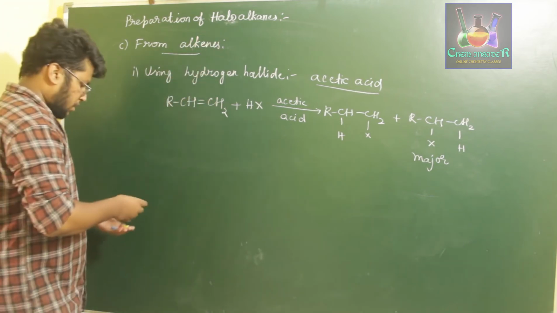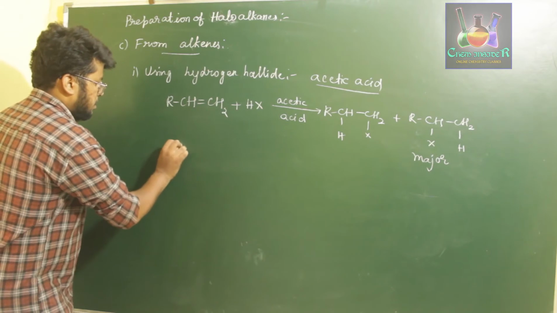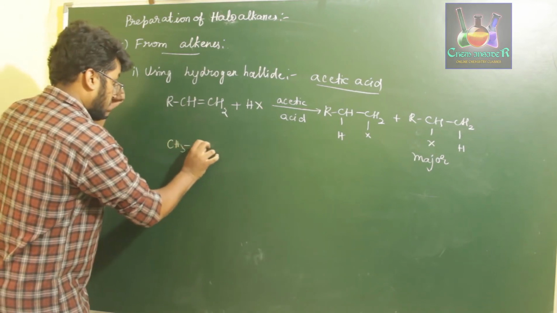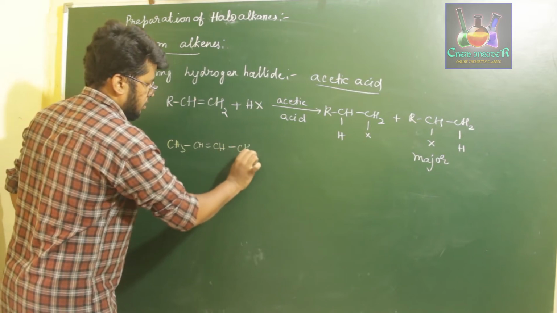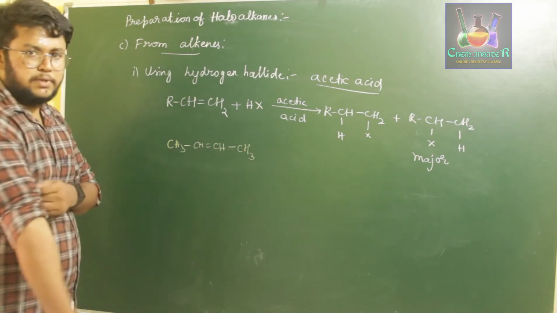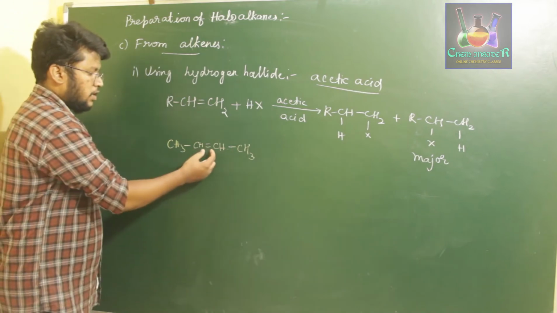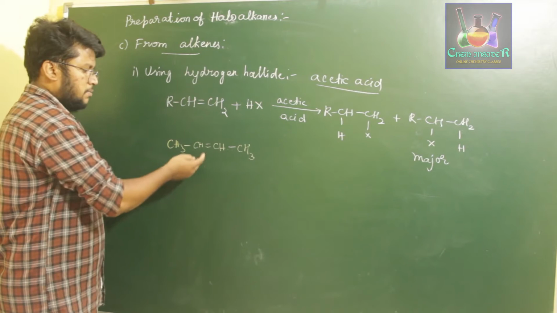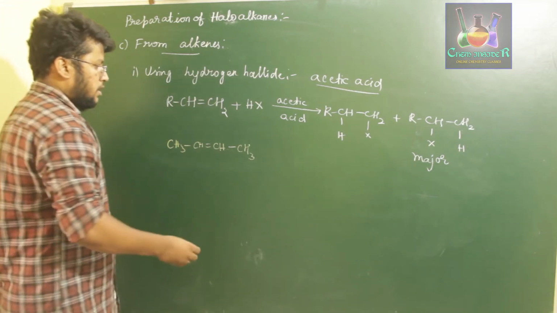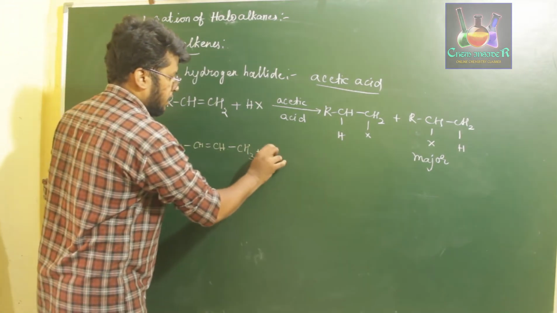So if you consider an example, let us say CH3-CH=CH-CH3. In this case we have a symmetrical alkene. That is, if you take the point of the double bond, there are equal numbers of carbon atoms and hydrogen atoms on both sides. So it doesn't matter where the hydrogen halide gets attached.